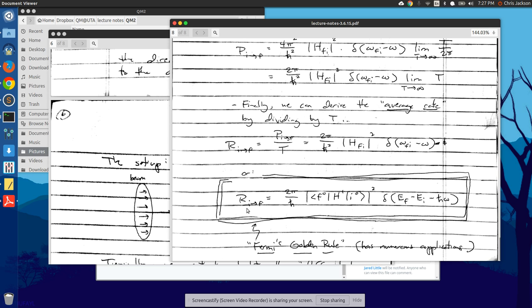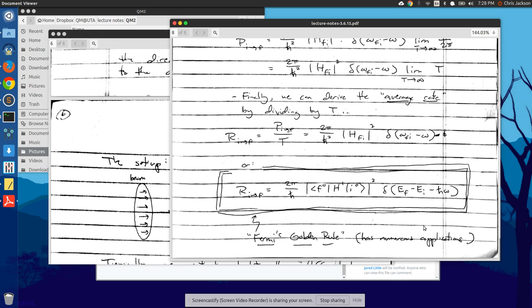It's an estimate for some system that you expose to some perturbation, and you want to compute the transition rates from state I to state F. Right, and this is known as Fermi's golden rule. Okay, and I can't remember if there's a homework problem on it or not, but it's always a good thing to know.